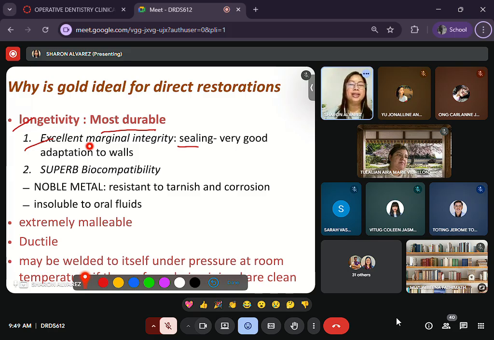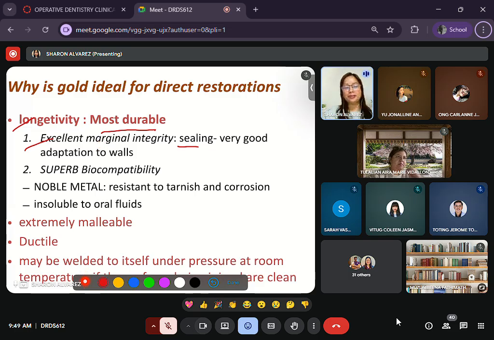So therefore, secondary caries is not so evident. And to add more, you know the coefficient of thermal expansion of gold? It is very close to the tooth. So you don't see much of those microleakage, okay, regarding the use of gold. So that's why the excellent marginal integrity can make the gold last a lifetime.